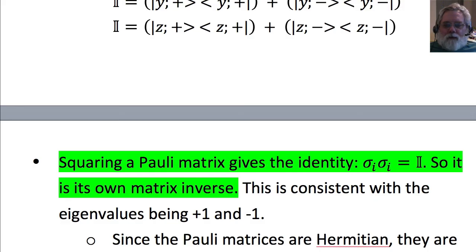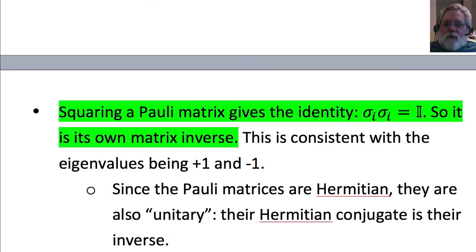Now we know what the Pauli matrices are. What if we multiply one Pauli matrix times itself? If you do that, you will find that you always get the identity matrix. So every Pauli matrix is its own matrix inverse. And this is consistent with why the eigenvalues are +1 and -1.